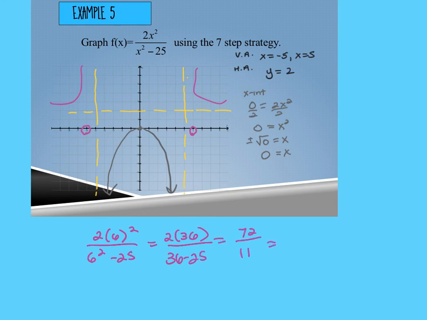And really all I need to know is, is it above 2 or is it under 2? This is definitely above. This would be 6 and 6/11. So I know it's all the way up here. And then the same exact thing is going to happen with my -6 because I'm squaring it.